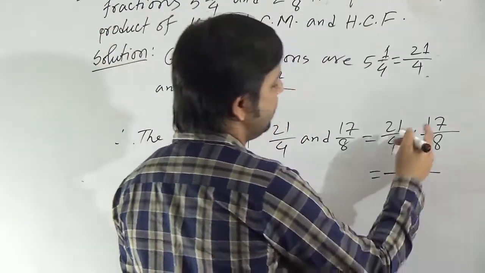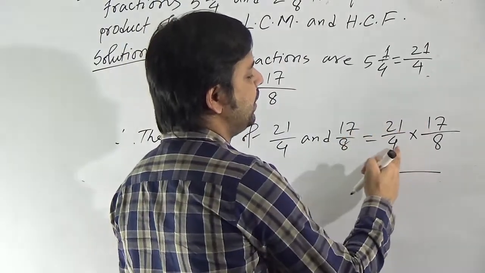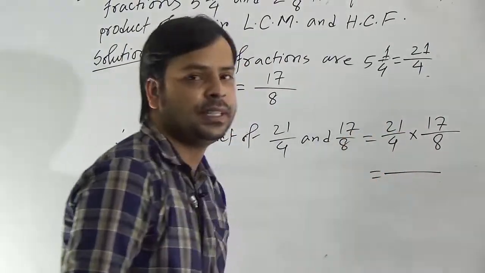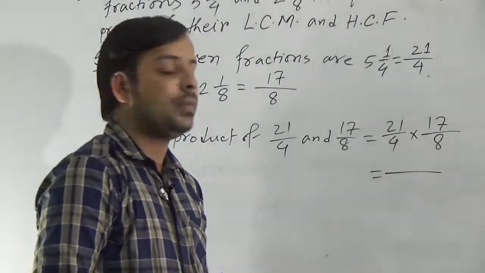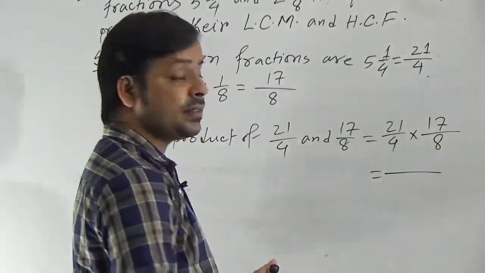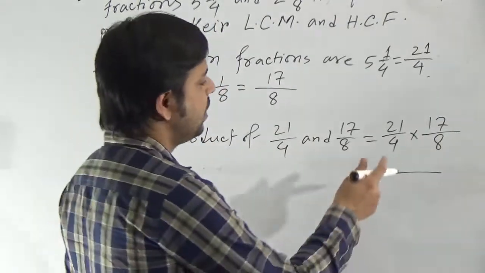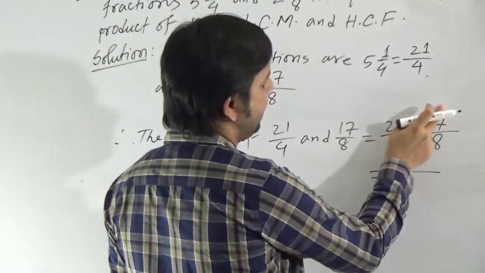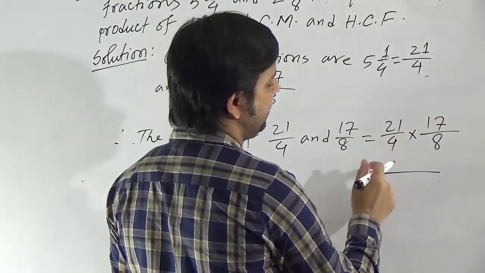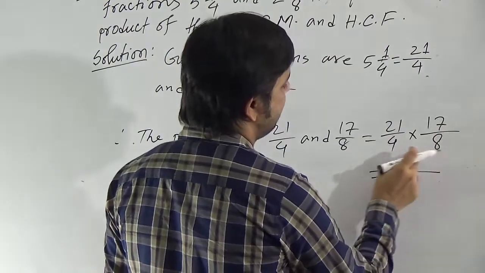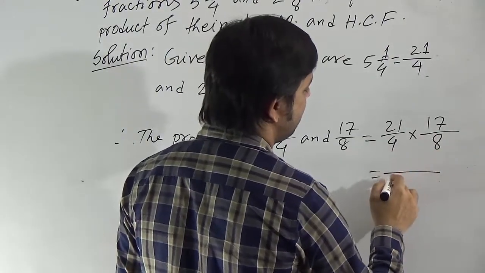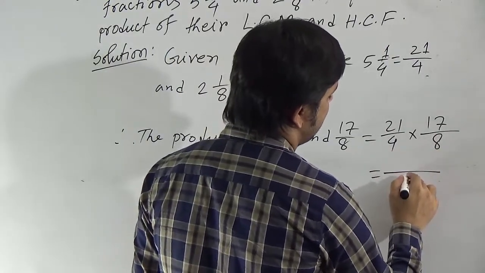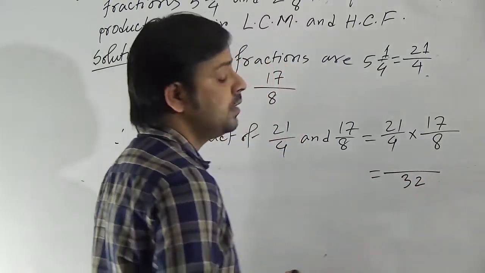If we multiply, we have to multiply the numerator with the numerator and the denominator with the denominator. This is the rule of multiplying two fractions. The denominators: 4 8s are 32.